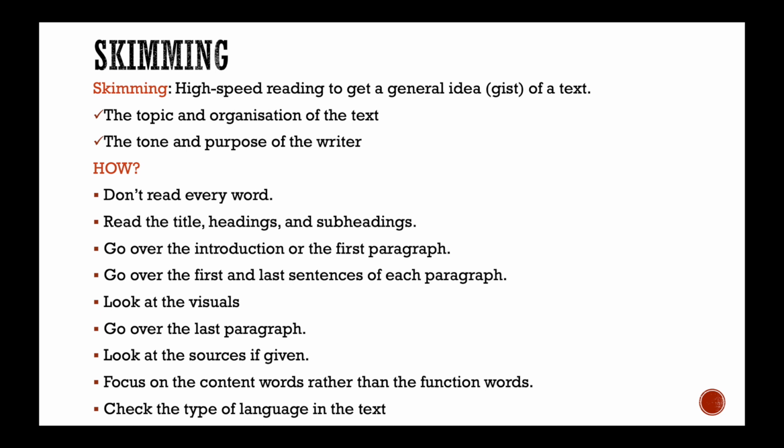Another way is to look at the sources, if given, of course, or focus on the content words rather than the function words. Finally, you can check the type of language in the text. In other words, does the writer use formal, informal, academic, or other types of language?